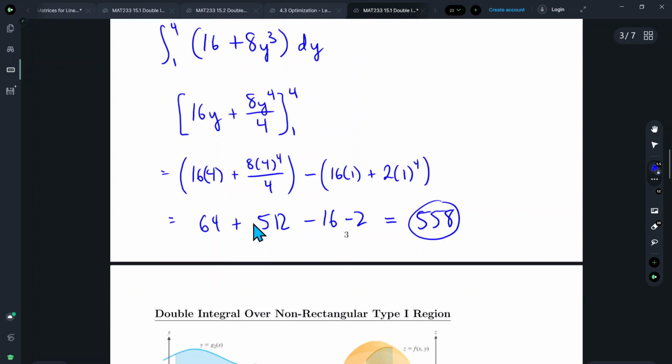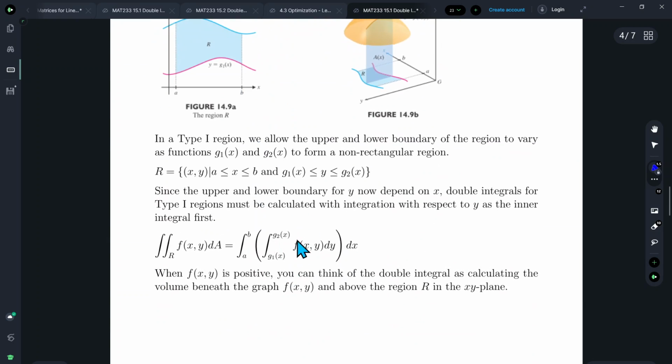Right, so you see here in the inner integral, x is being thought of as a constant, so the two functions g1 of x and g2 of x are allowed to be the limits of integration for the variable y.